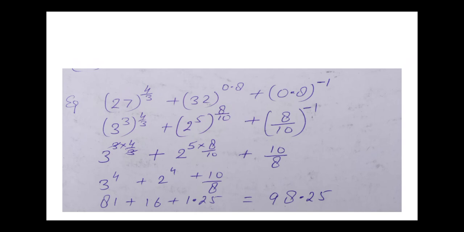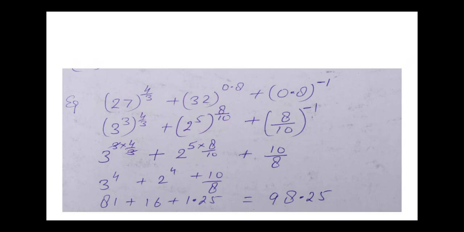we will write 27 as 3 to the power 3, because 3 into 3 into 3 is 27. We will write it in exponent form. 32, if we find the factors, we will get 2 to the power 5.